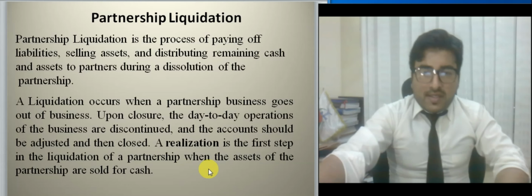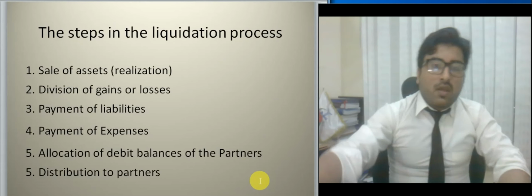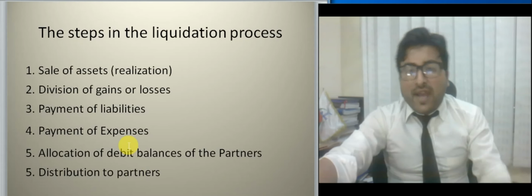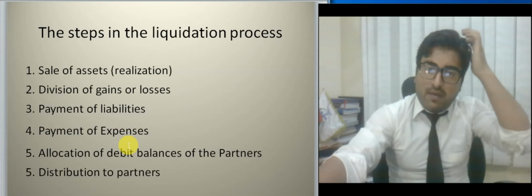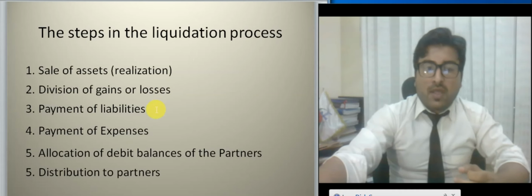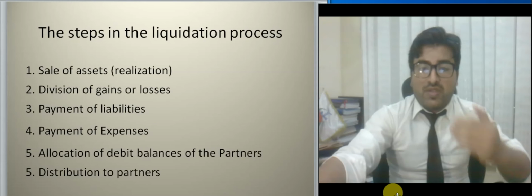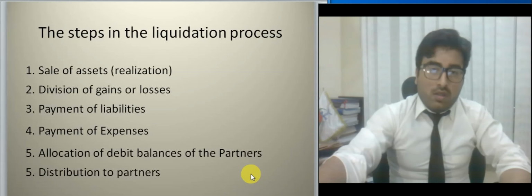Now, what are the steps in partnership liquidation? We have 5 steps. The first is the sale of assets, which is realization, and division of gains and losses. Whatever we receive in cash, we distribute among the partners.